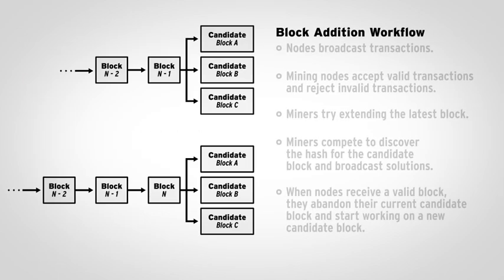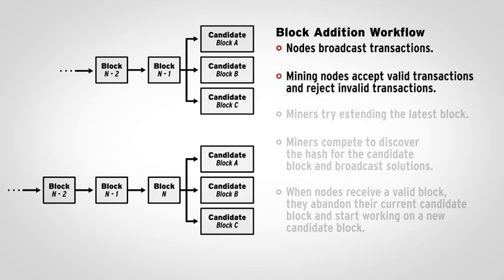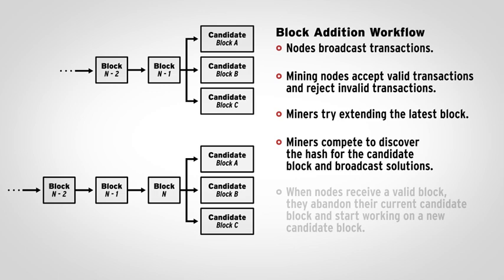What's the block addition workflow? Nodes broadcast transactions. Mining nodes collect the valid transactions. They reject the invalid transactions, and they extend the latest block. Miners compete to discover the nonce that will give them a valid hash.